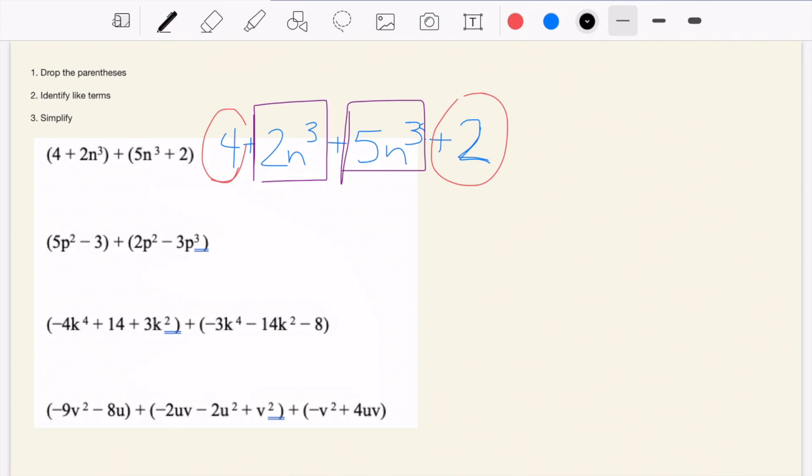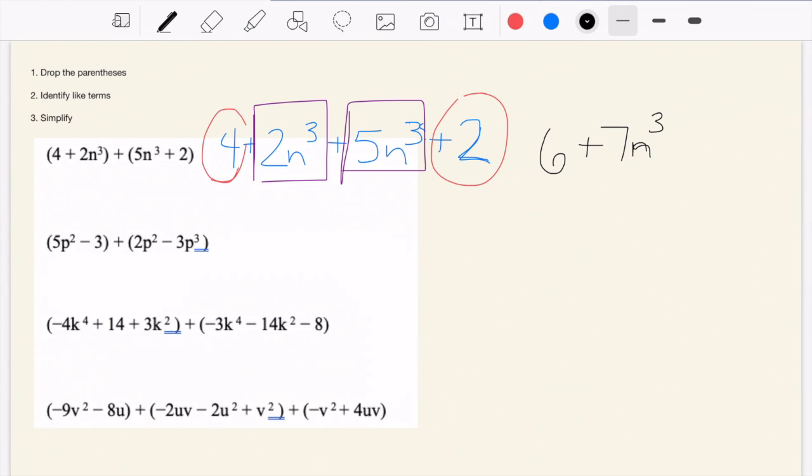So when we put these together, we have 4 plus 2, which is 6. Then we have 2n cubed plus 5n cubed, which gives us positive 7n cubed. So the answer to that first one is 6 plus 7n cubed.